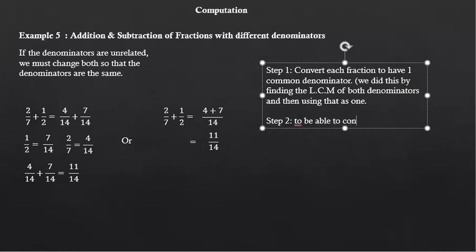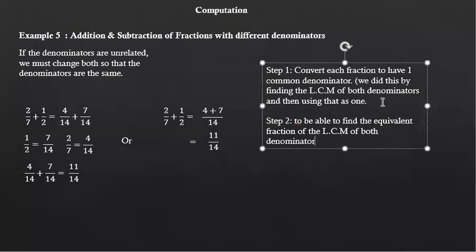To find the equivalent fraction using the LCM of both denominators, we divide this denominator by the LCM.